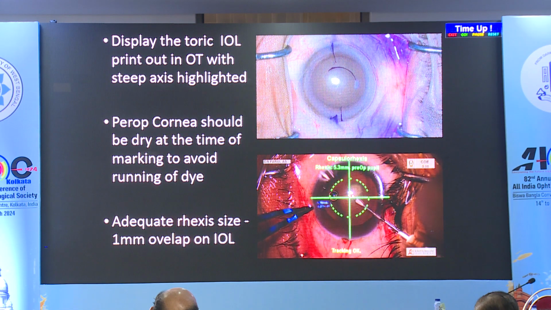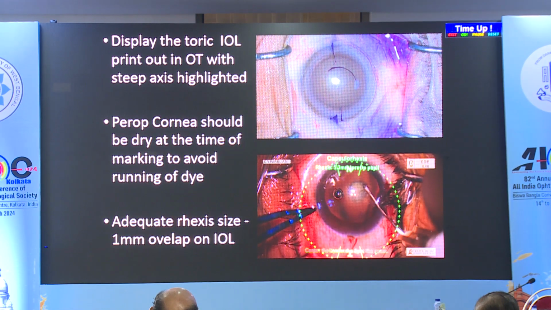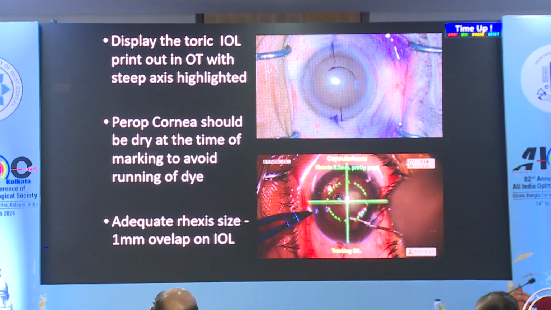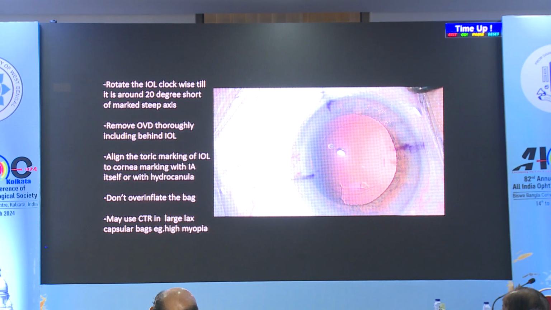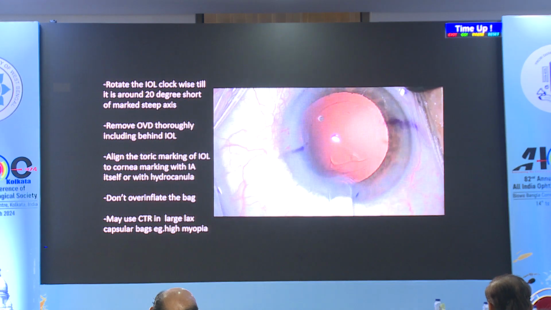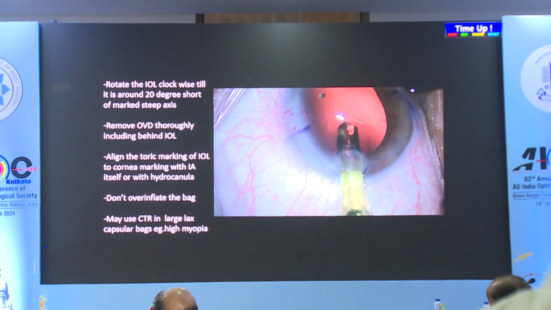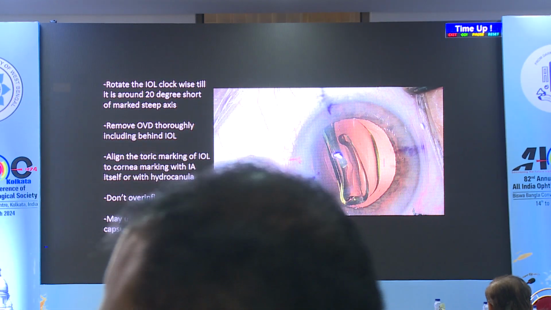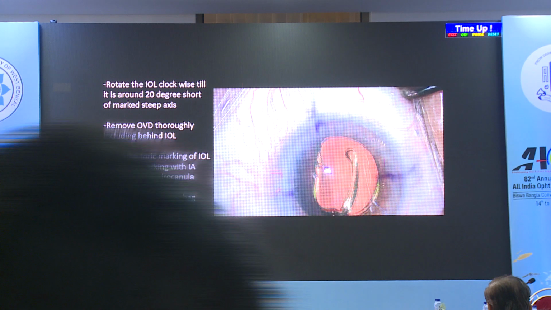And adequate rhexis size, because you don't want toric IOL rotation. So image guiding system, or whichever way you want, 5.5, there should be a little overlap of the capsule on the lens. Now, a small tip when you're putting the lens in, because you don't want the lens to rotate, just make sure that the axis is actually 10 or 20 degrees short of the actual corneal marking.